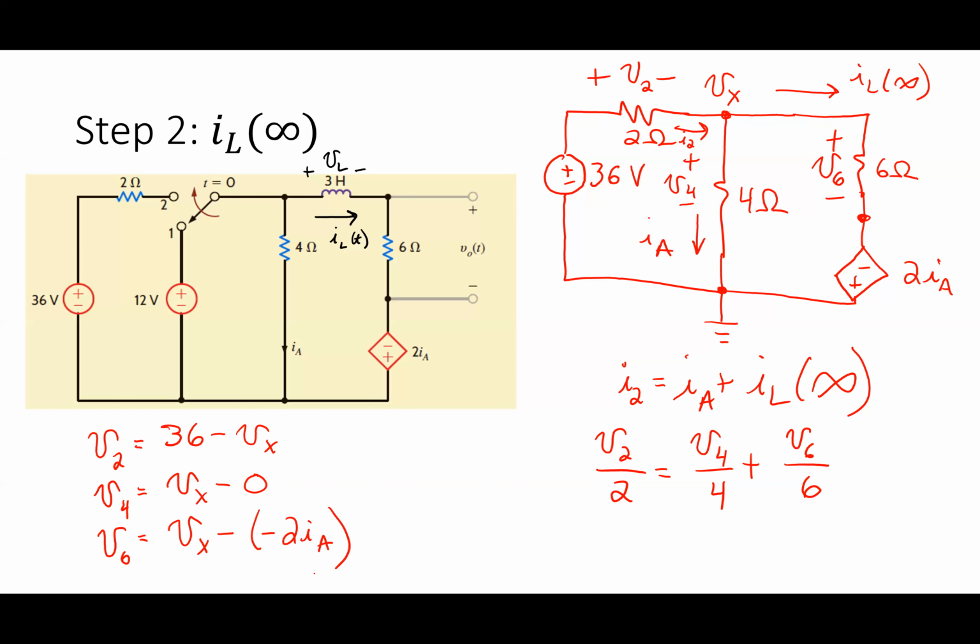That's why I'm saying it's helpful to keep it slow, because I got all kinds of minuses and pluses. So I got a minus and a minus makes a plus. This guy is actually Vx plus 2IA, right? And what's IA? IA is what?